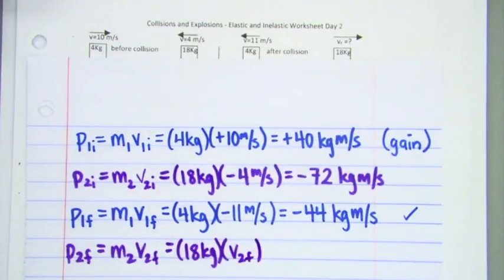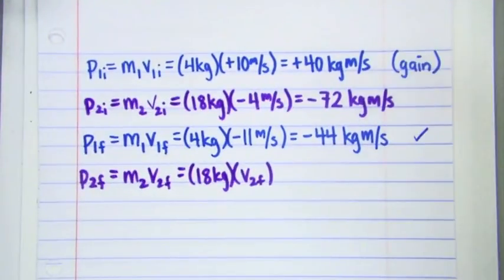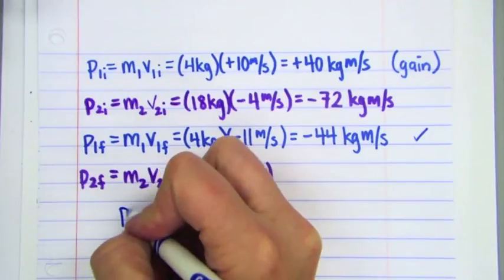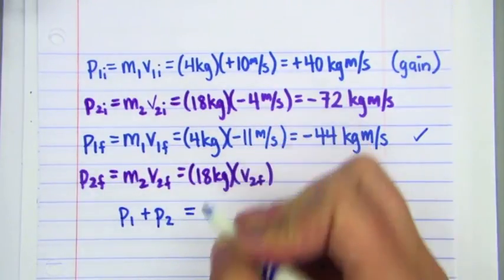So now we need to calculate that. How am I going to calculate the final velocity of object 2? Well, we know since the momentum must be conserved, we can set the before equal to the after. Before collision, and then after.